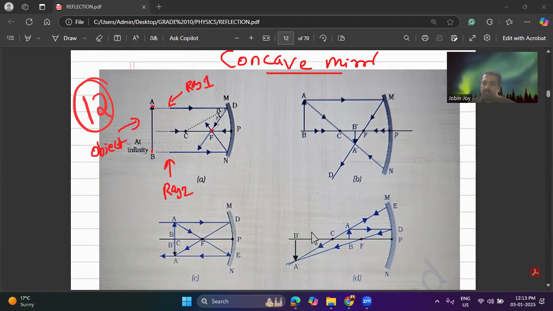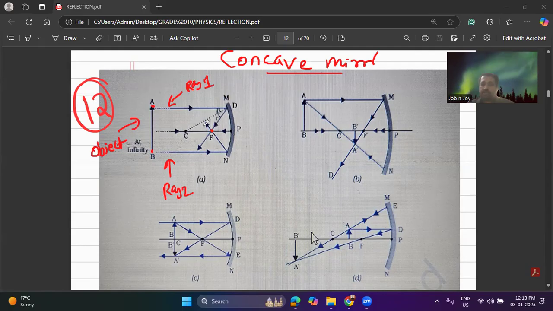And what is the speciality of this image? This image is a point. That means the image is a point. And what about the size? It's diminished. It's not enlarged, it's not reduced. It's a point size image. And again, this image is real. Not behind the mirror.